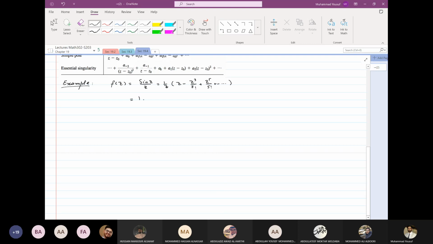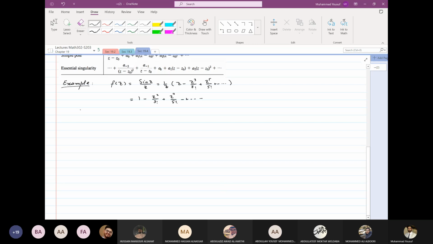This can be written as 1 minus z power 2 over 3 factorial plus z power 4 over 5 factorial minus plus and so on.